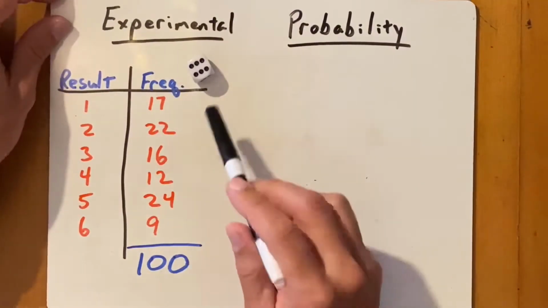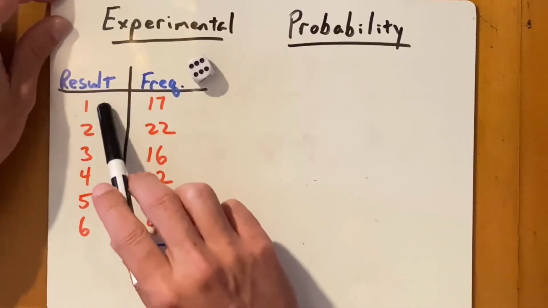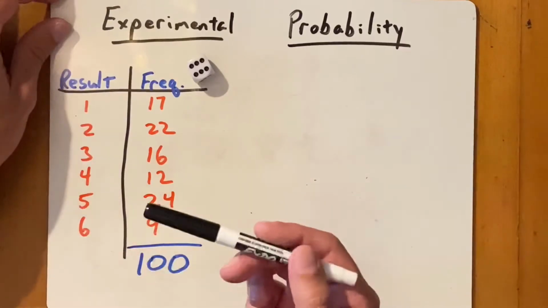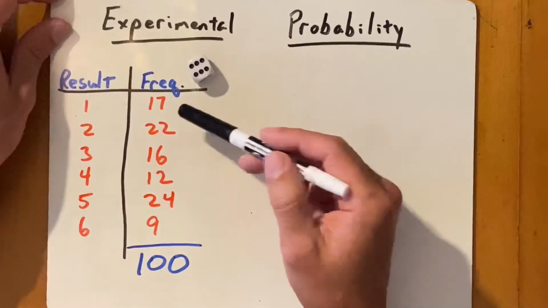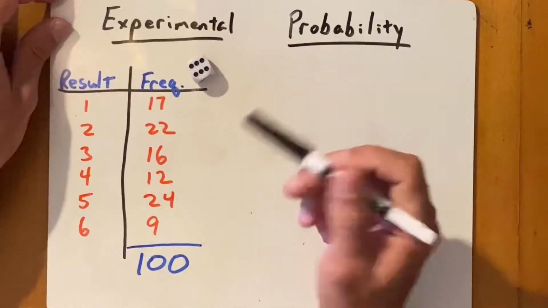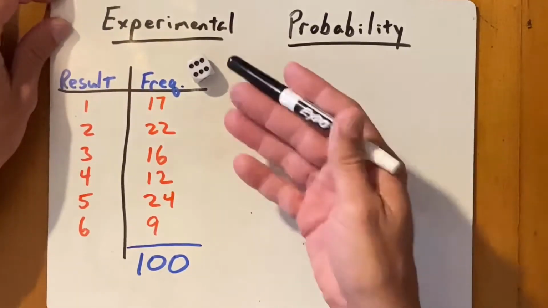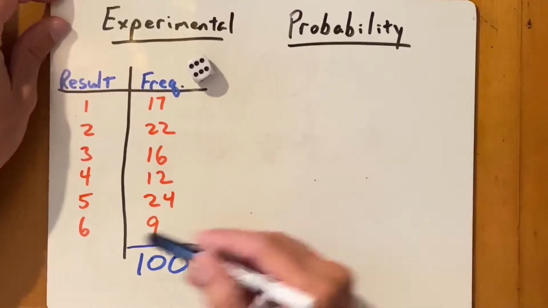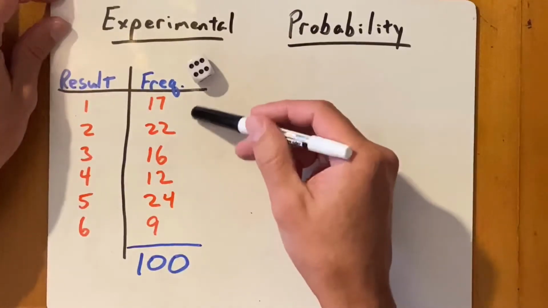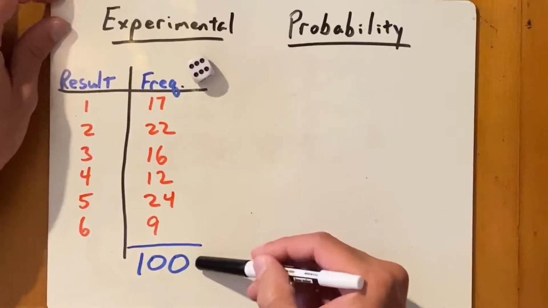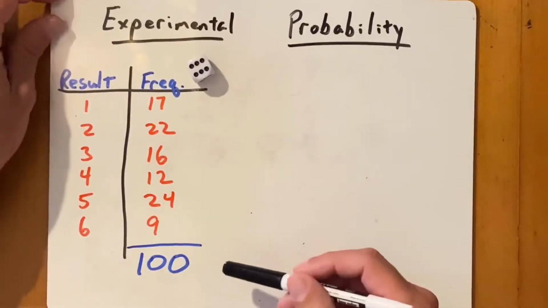The possible results are 1, 2, 3, 4, 5, and 6 for rolling just one cube. The frequency is how many times each of those numbers came up. If a 6 came up, I would log it under the result of 6. As I do it 100 times, all the frequencies should add up to 100.